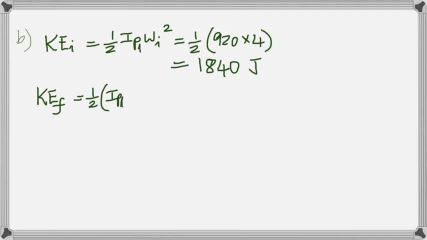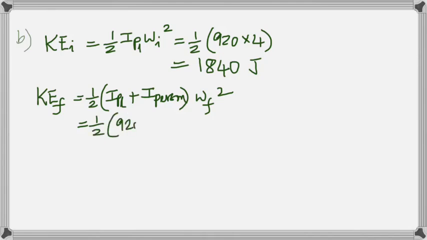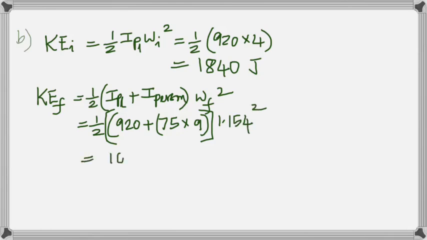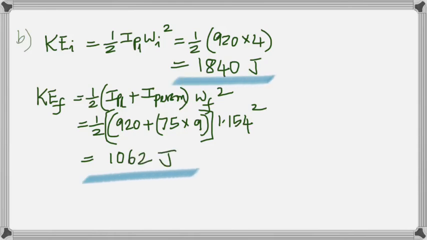But remember that you have to add up the total moment of inertia of both platform and the person, like we did before. And we got the final angular velocity is 1.154, so square that, 1062 joules.